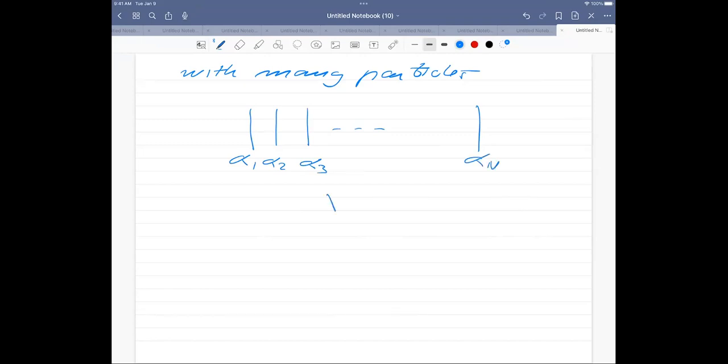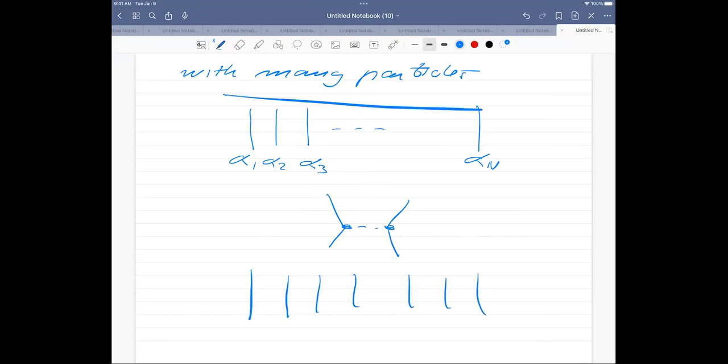And then we have an interaction here. And then we have an initial state, which looks like this. And here, we have an alpha 1, alpha 2 here, alpha 3, alpha 4, then alpha 8, alpha 9, and then alpha 10.